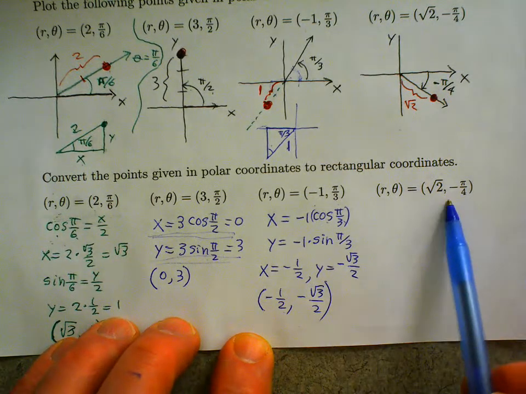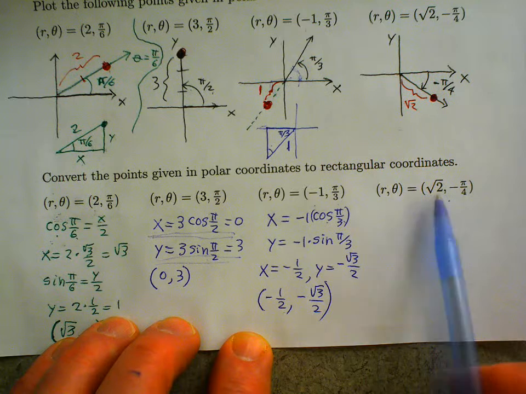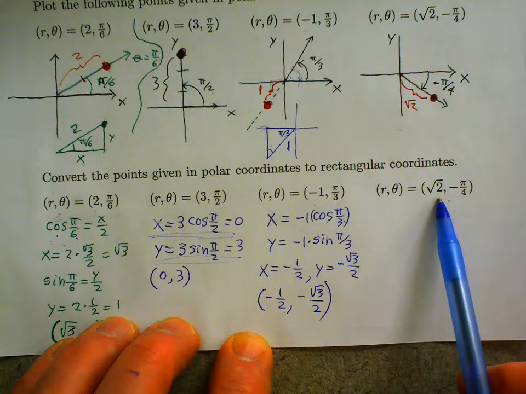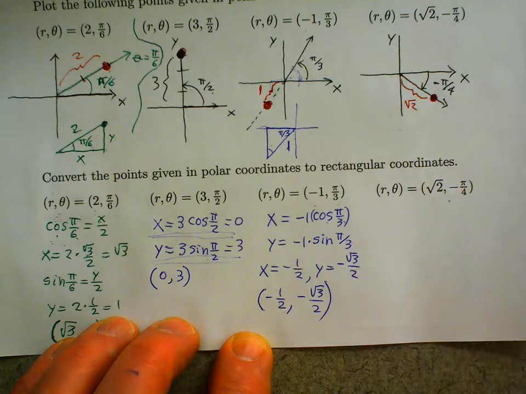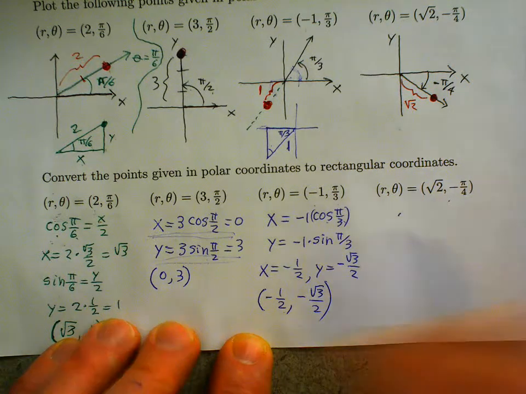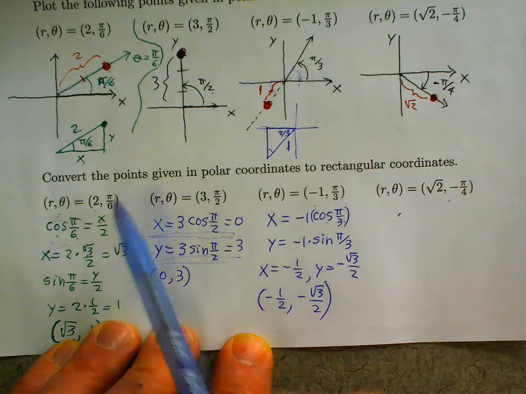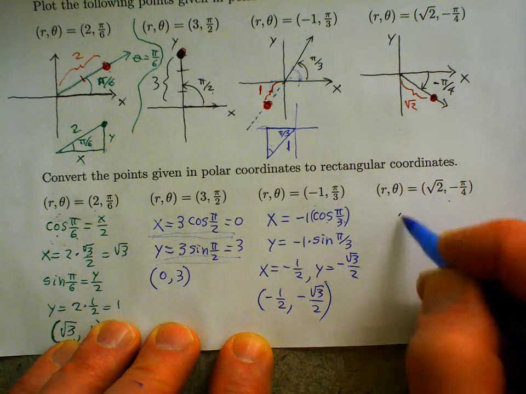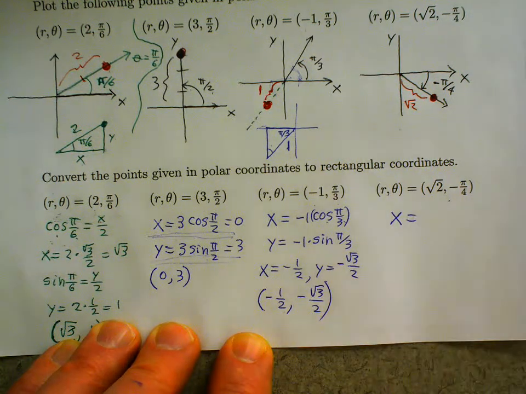Okay, similarly, the polar coordinates (r, theta) are (√2, -pi over 4). So if we follow the same pattern as at least the previous two examples, then what's the x-coordinate?